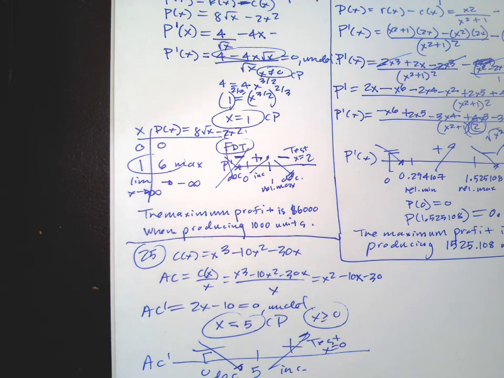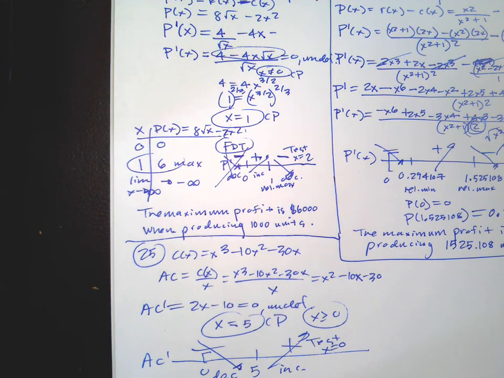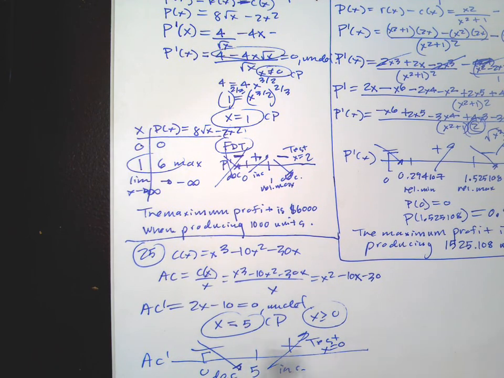So the minimum average cost is, you plug 5 in there, 0.